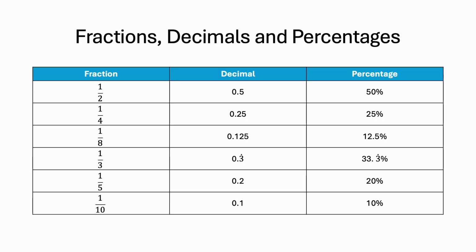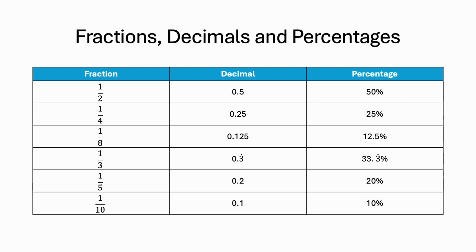Now we're going to look at fractions, decimals, and percentages. So this table here shows you a list of fractions, decimals, and percentages that you should know off the top of your head.